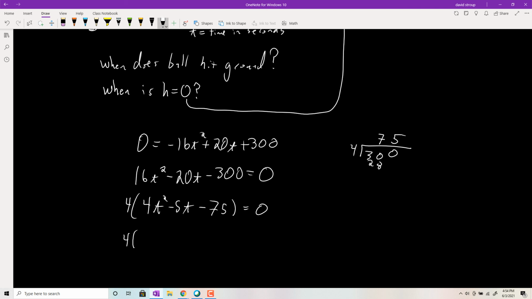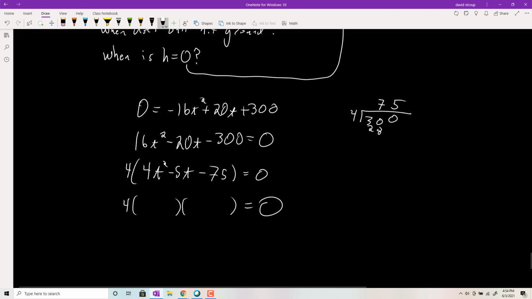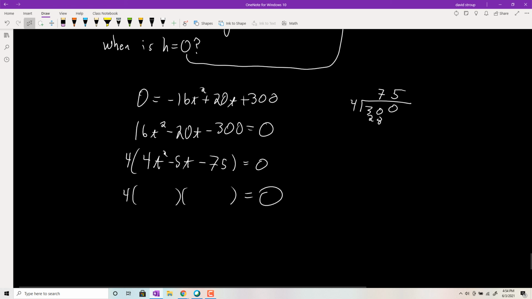Then I'm going to try to factor that. Let's be wishful and say this is 4t. We can always rearrange the pluses and minuses, so this isn't set in stone. I may be erasing this. Probably 25 and 3 is what I'm thinking, but that's not going to work, right?